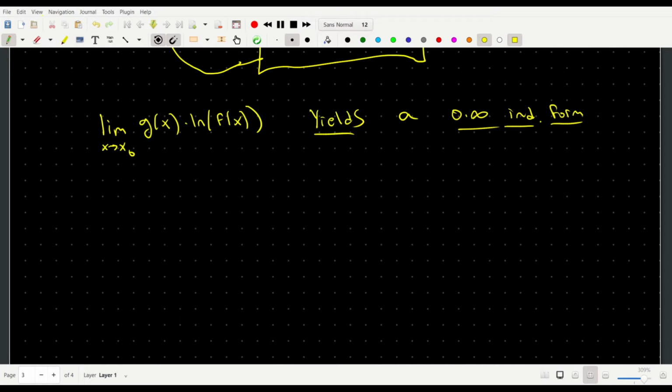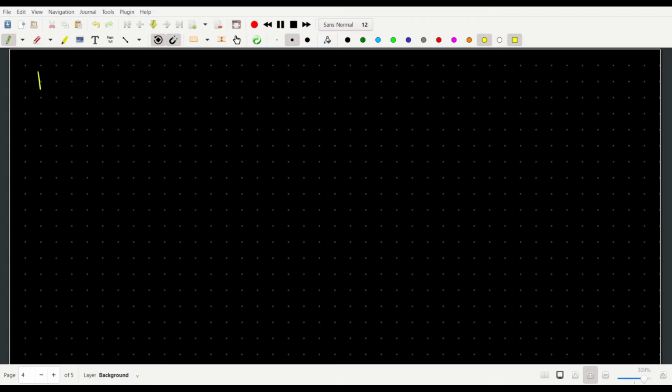So I'll go over an example of this right now. This is a really classic example, which is why I included it in the homework for the course. That's a variation on this problem. So we'll consider the limit as t goes to 0 from the positive of 1 plus t to the power 1 over t.